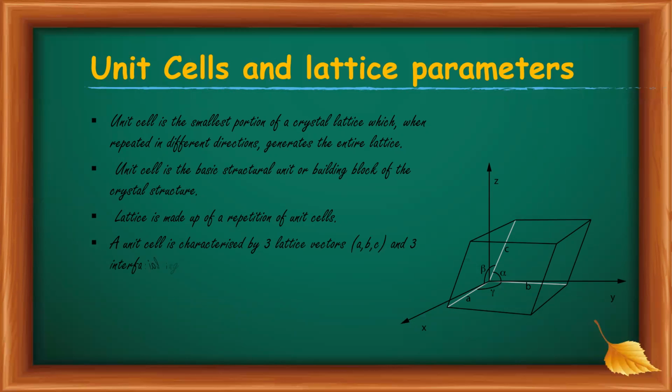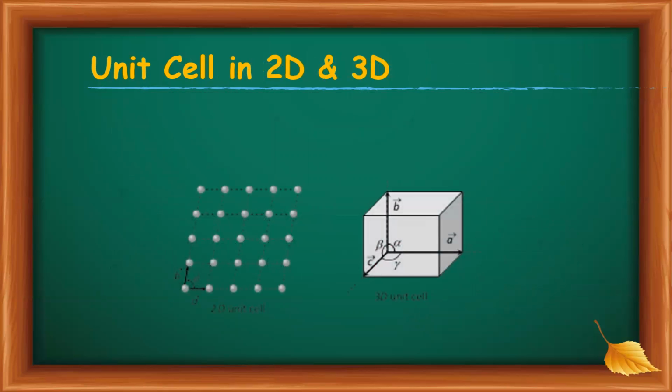A unit cell is characterized by 3 lattice vectors a, b, c and 3 interfacial angles alpha, beta, gamma between them, which are called lattice parameters. This is a unit cell in 2 dimensions and a unit cell in 3 dimensions.